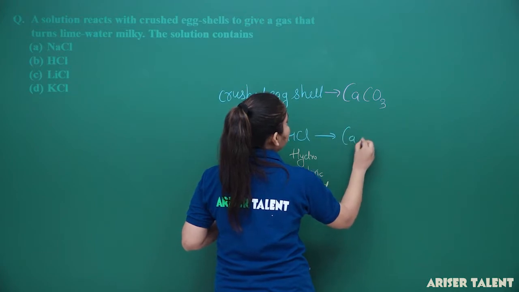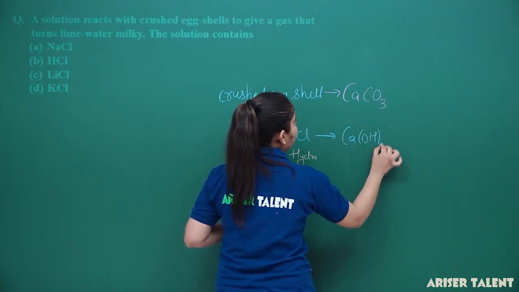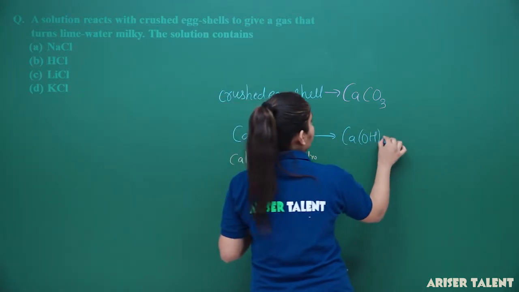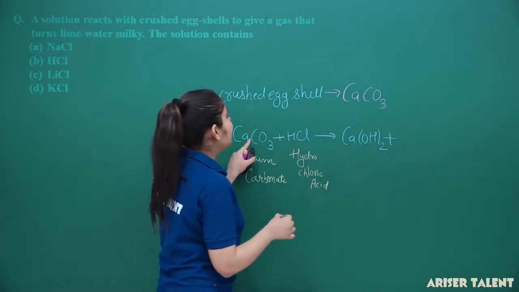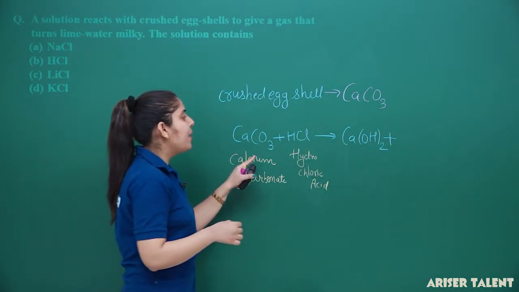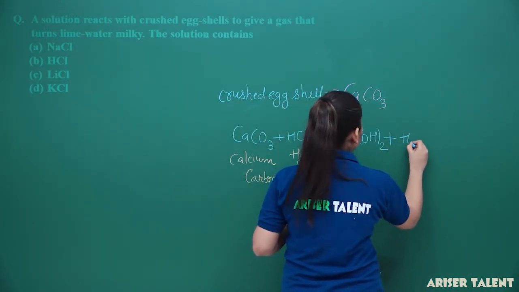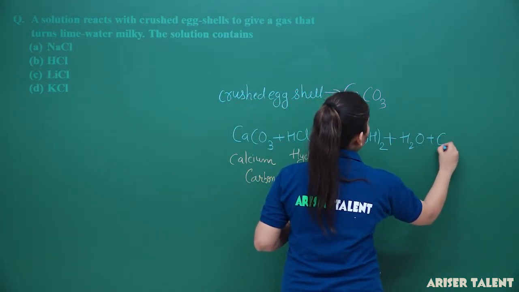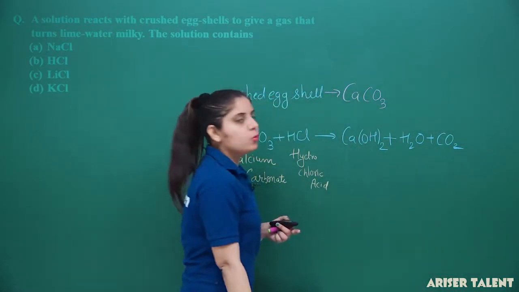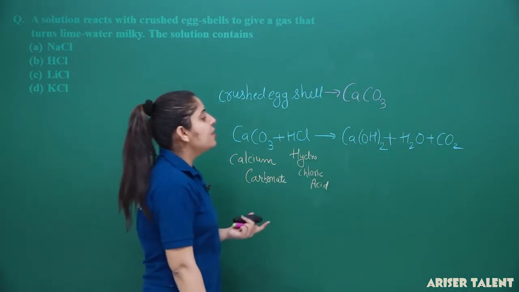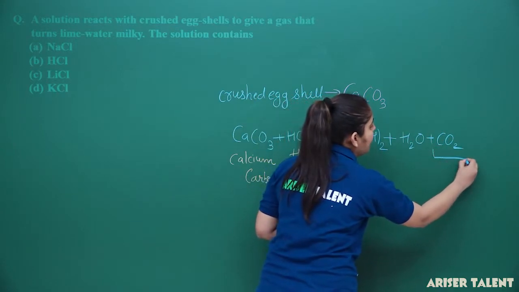This will form calcium chloride, plus on the other hand we will get H2O plus CO2. Now you can see in this reaction the byproduct formed is carbon dioxide.